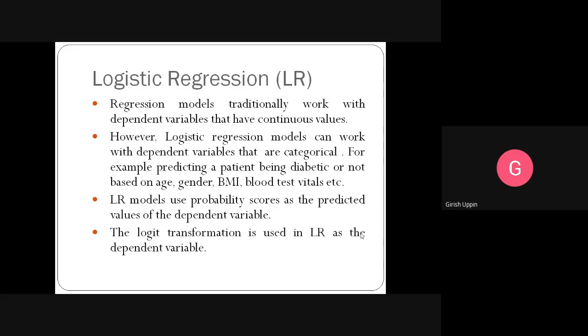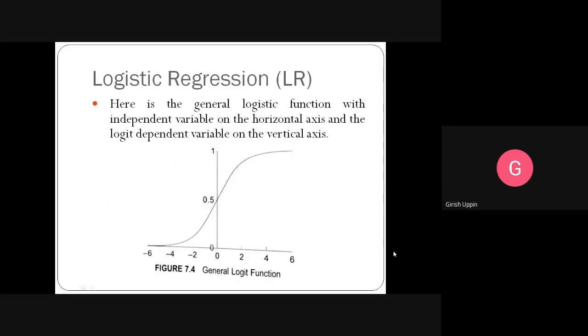The logit transformation is used in LR, this logistic regression, for the dependent variable. So you can see this is the general logistic function. The y-axis is the dependent variable and the x-axis is the independent variable. You can see there is a very small bandwidth where the value will change to either 1 or 0.